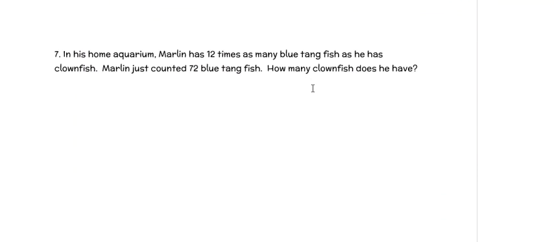In the last problem, in his home aquarium, Marlin has 12 times as many blue tankfish as he has clownfish. Marlin just counted 72 tankfish. How many clownfish does he have? So C equals number of clownfish.